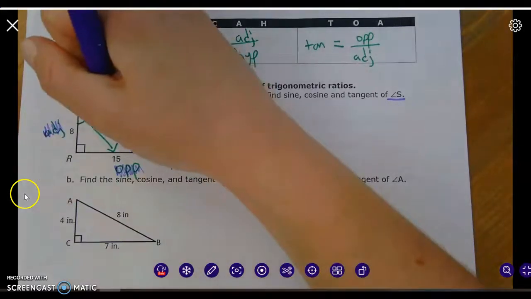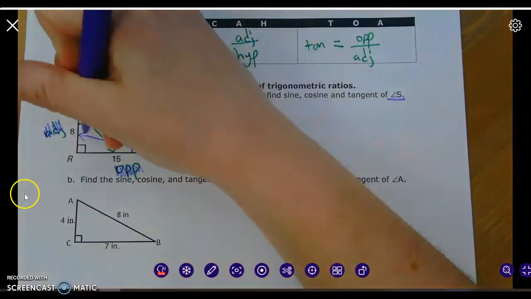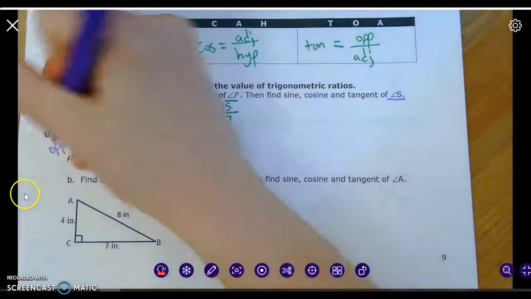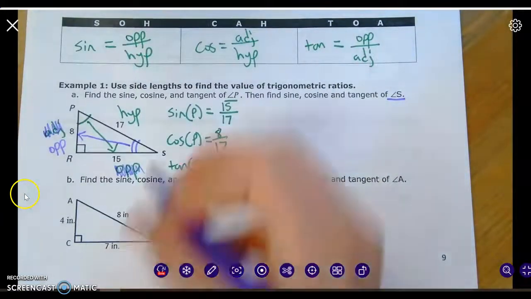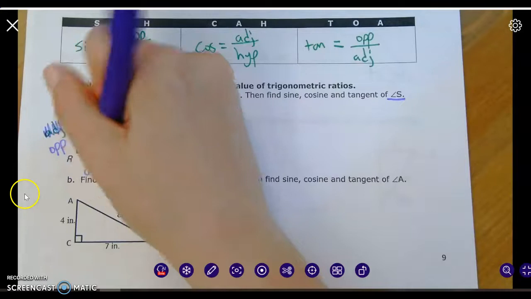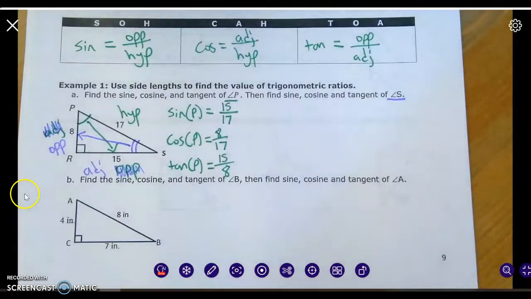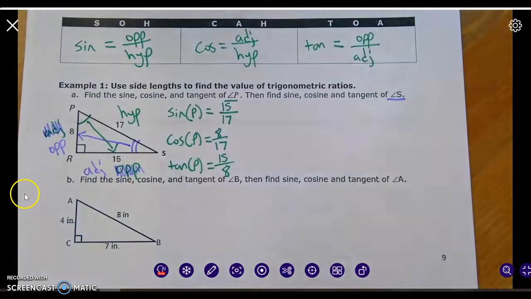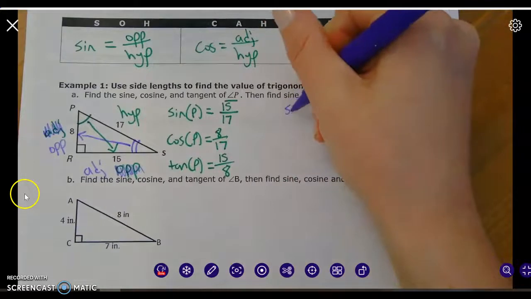Now when I draw my arrow across from S, the 8 is opposite, and the 15 is adjacent. This is going to look the same, but now we're doing S.